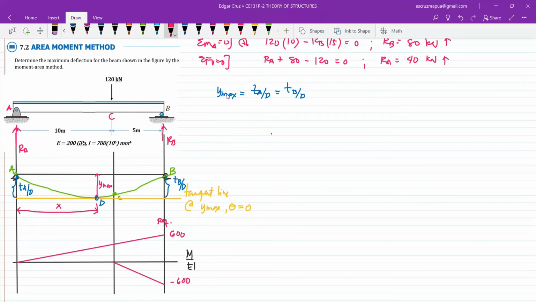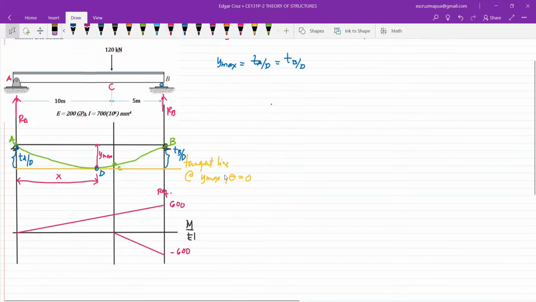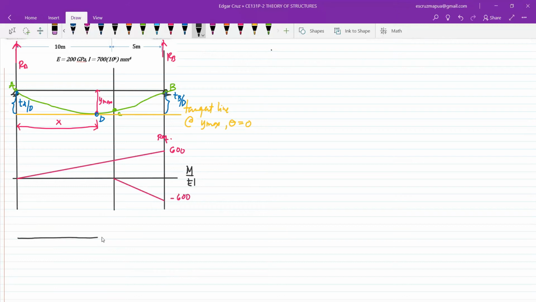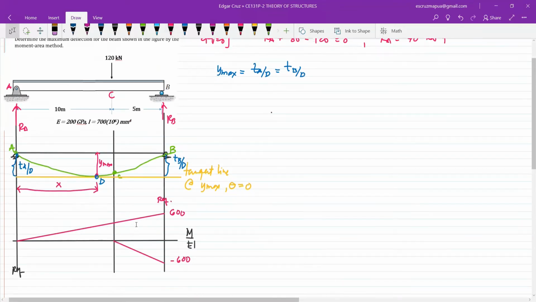Or pwede naman if you want, pag nag-reference naman tayo dito, ang moment diagram naman natin would be 120 times 10.